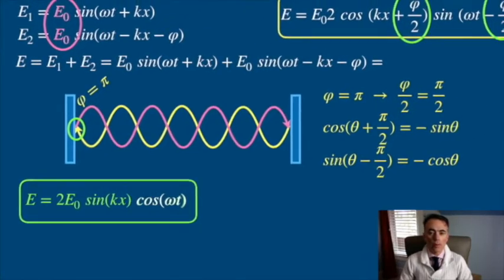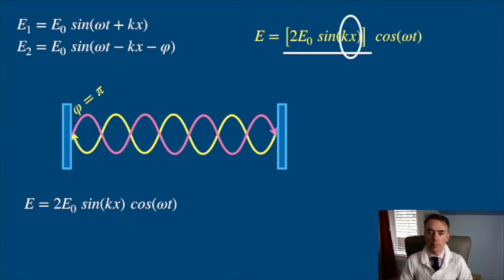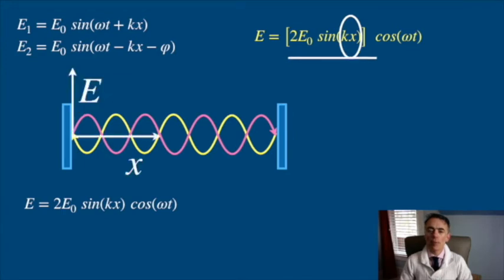This can be thought of as a wave that evolves in time with an amplitude that depends on the position. That is, the maximum amplitude of the electric field will depend on the position. There will be positions for which the amplitude is always zero.